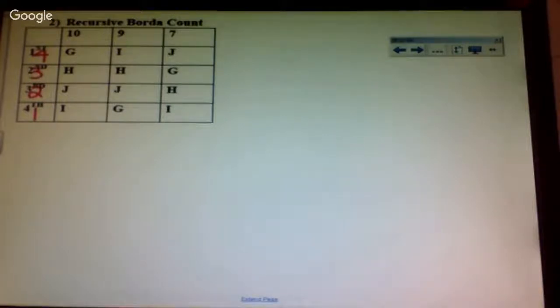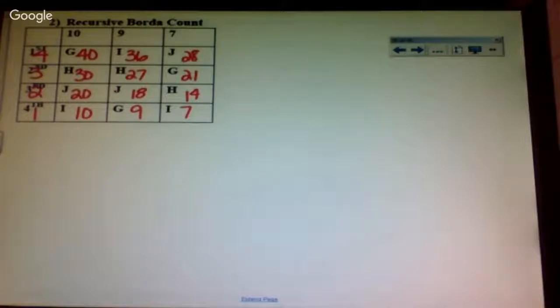So this first column, I would receive 10 points because 10 people voted them last, and you get 1 point for last place. 20 points for J, 30 for H, 40 for G. My next column goes 9, 18, 27, 36. 14.